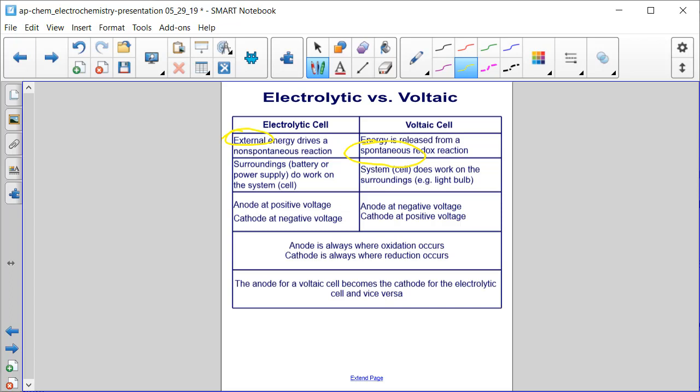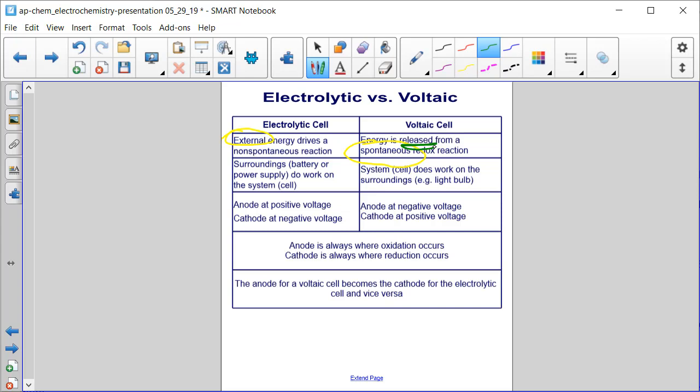In a voltaic cell, the system, or the cell itself, the reaction system, does work on the surroundings. So again, this goes back to energy being released, and in that release of energy, work is done on the surroundings. The wire that's connecting the two sides of the redox reaction carries the energy to do that work: light a light bulb, run a motor, whatever the case may be.